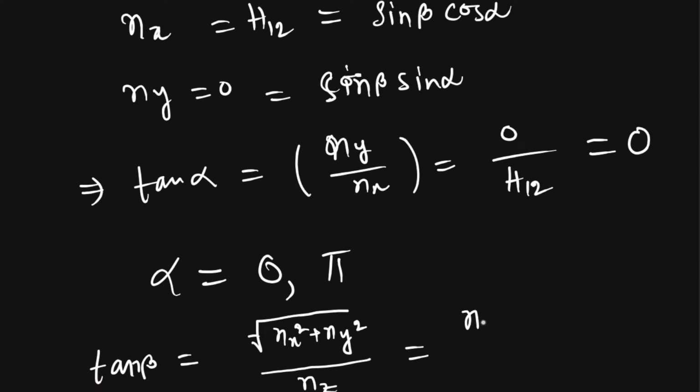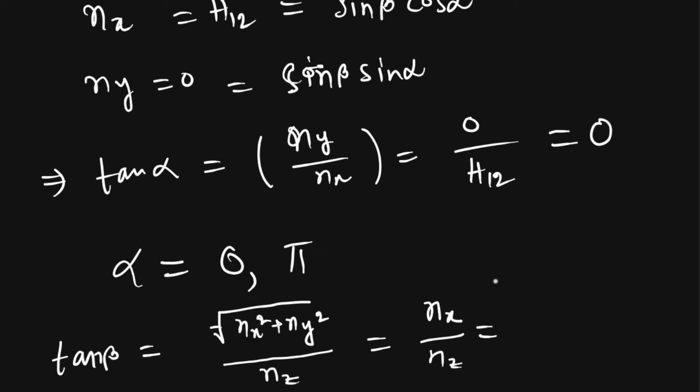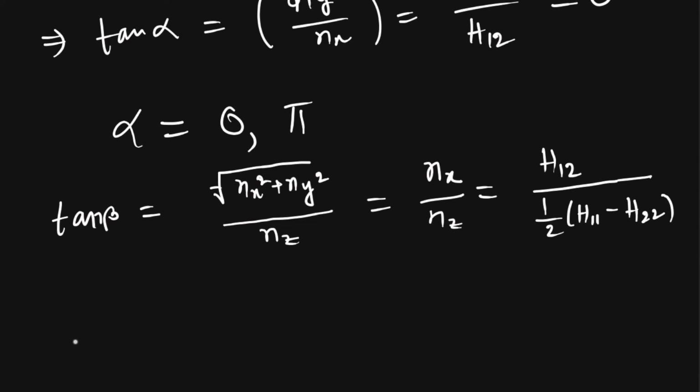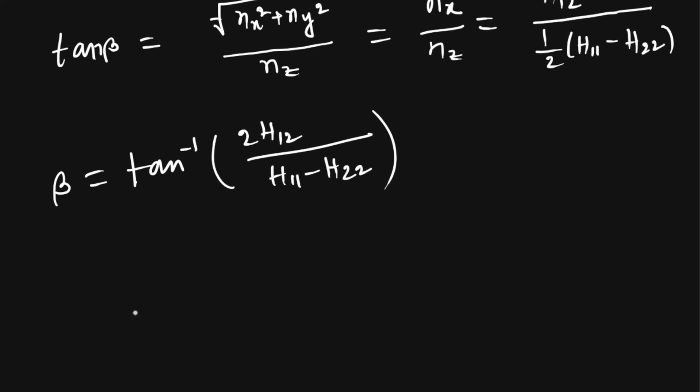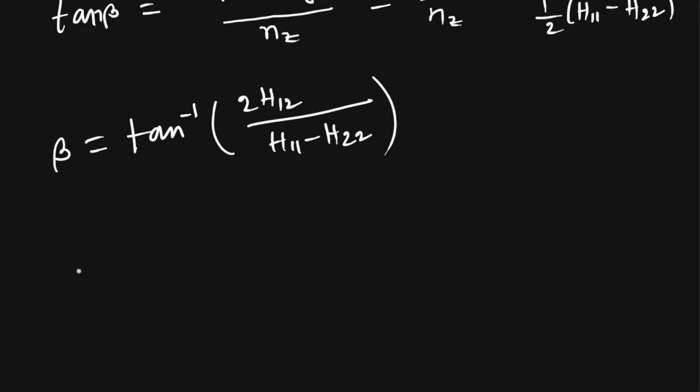Here it will be nx by nz. What is the value of nx here? H12. nz is half (H11 − H22). So that means β will be tan inverse of 2H12 over (H11 − H22). Then the corresponding eigenstate will be cos β/2.